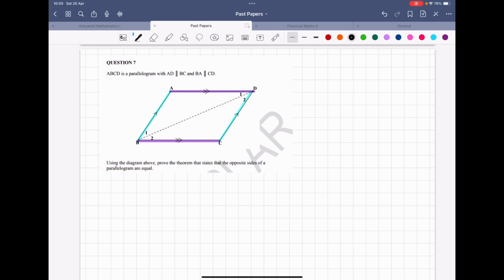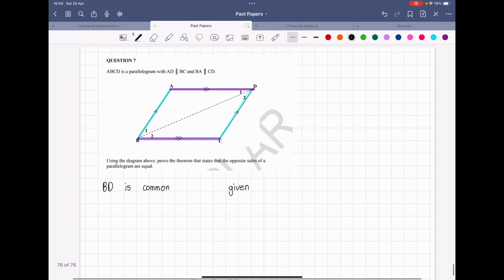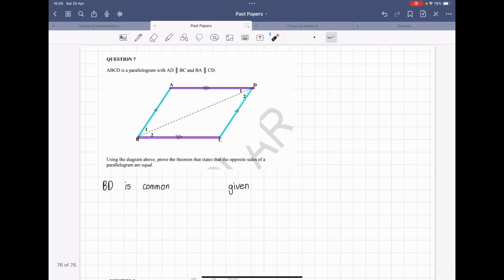So I'm going to start by saying that BD is common, and for that, I can just write given. Right, then I'm going to say that D1 is equal to B1, and that is from my alternate angles. Right, it's this one.